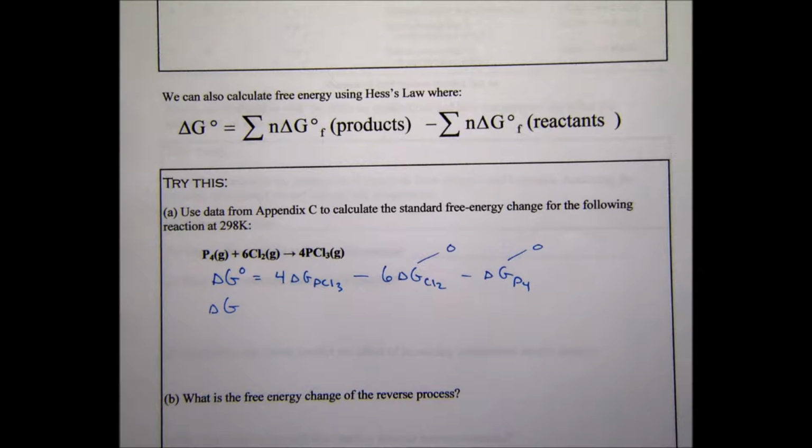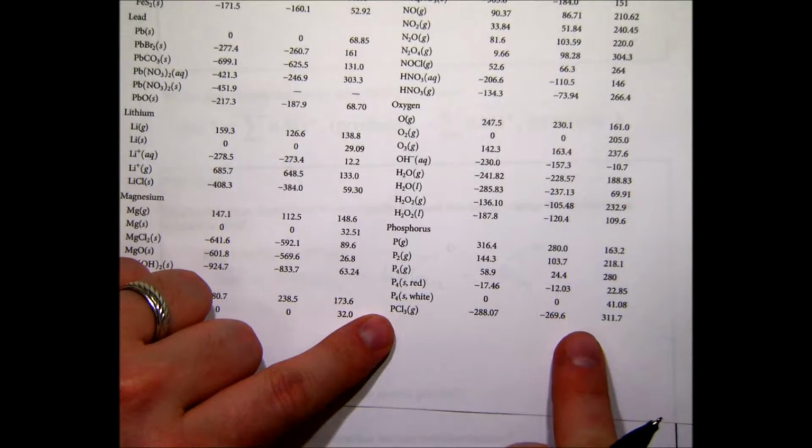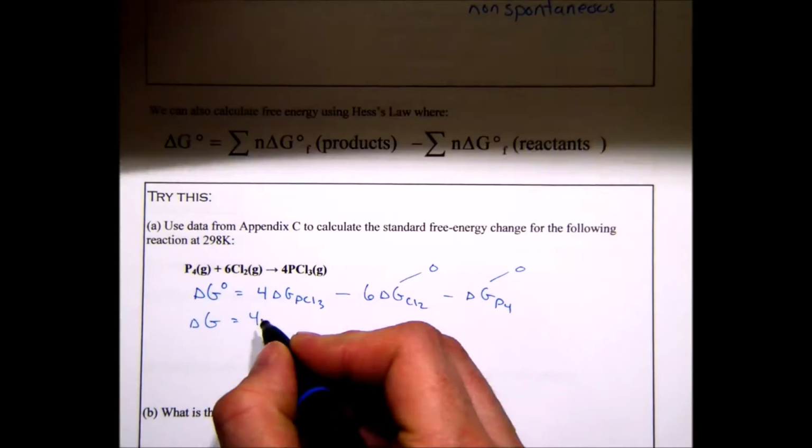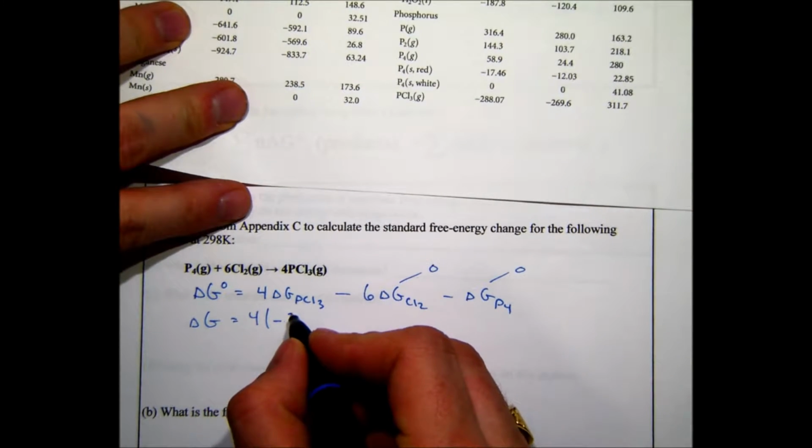So delta G in this particular case is just equal to 4 times the free energy change of PCl3. So we go and we find phosphorus, list it, PCl3 gas, so it's right at the bottom of the sheet, and we find a free energy change of negative 269.6 kilojoules per mole, so it equals 4 times negative 269.6.